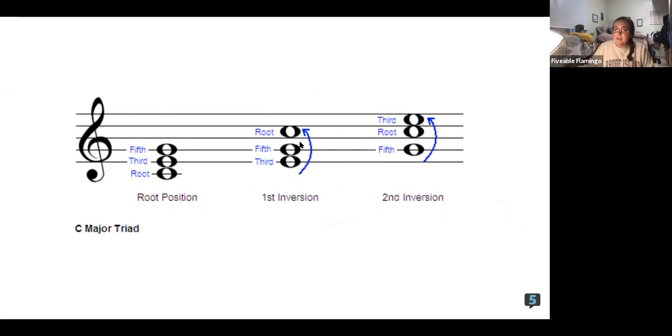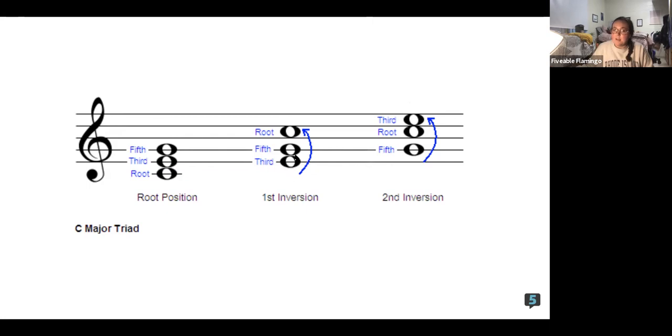And it's usually easy to pick apart what inversion you think it's in, because you see how there's only one note up here versus the 2 notes that are in second inversion over here. So it helps when you know the order that they would go in root position, because then when I look at this, I automatically know it's not in root position if I have an E, G, and a C.